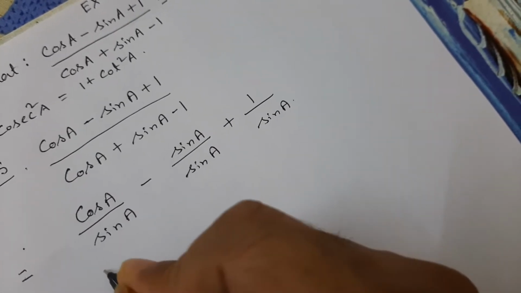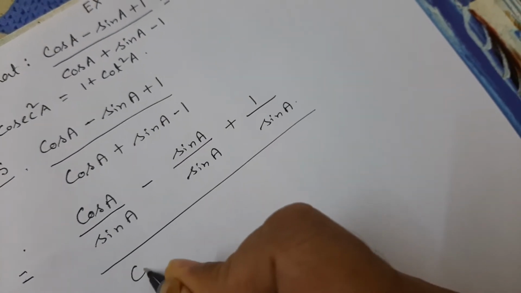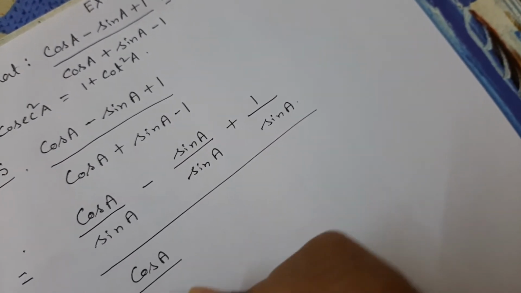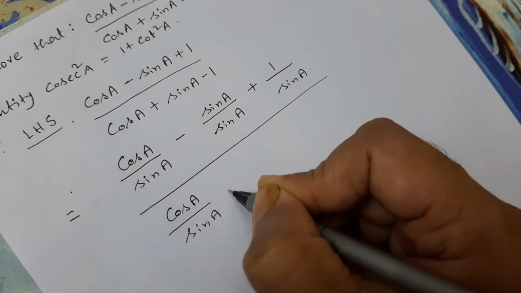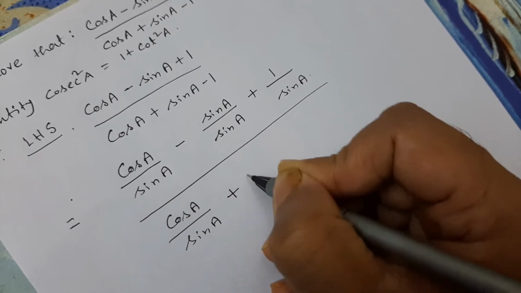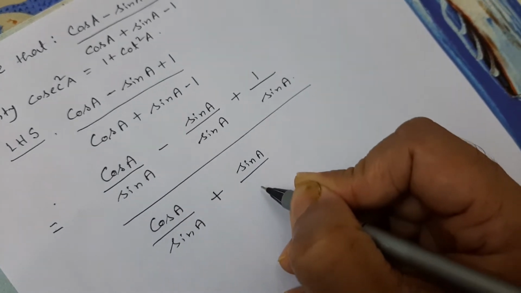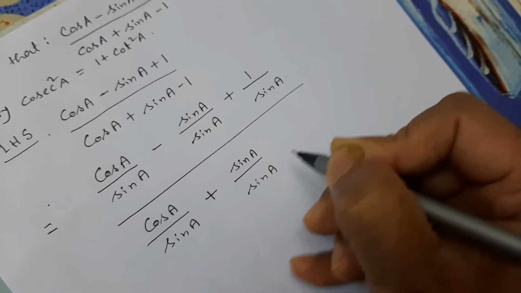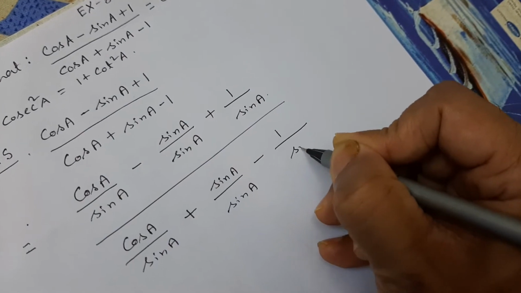Now denominator part, cos A by sin A plus sin A by sin A minus 1 by sin A.